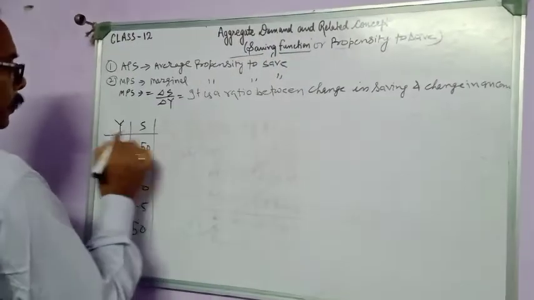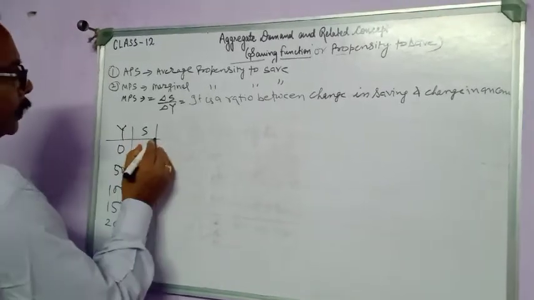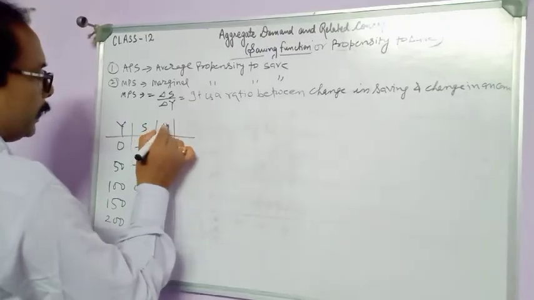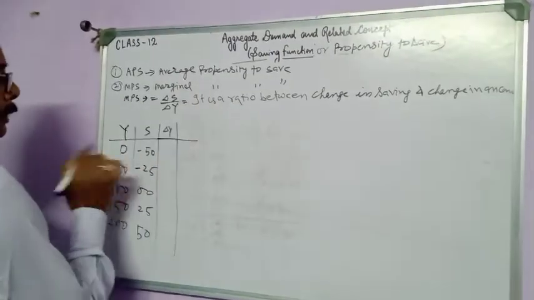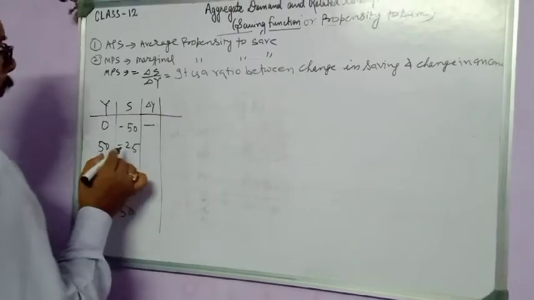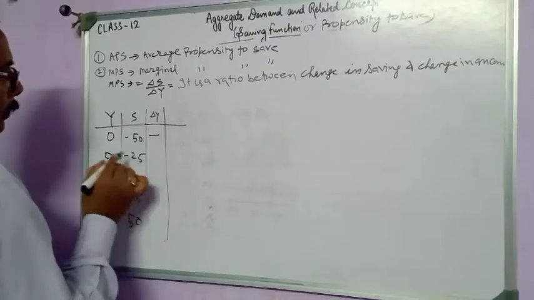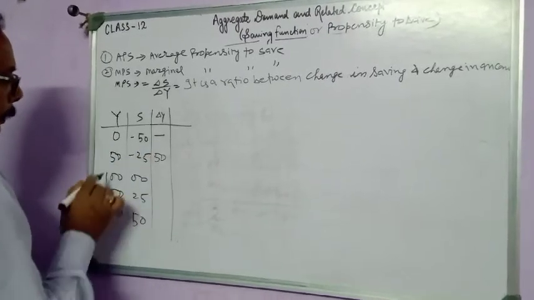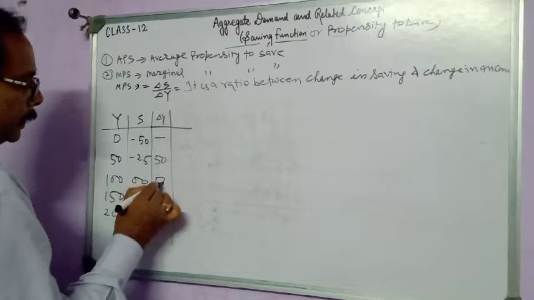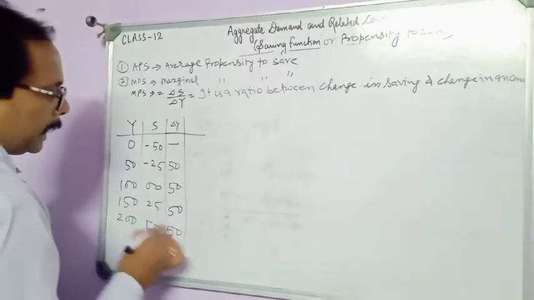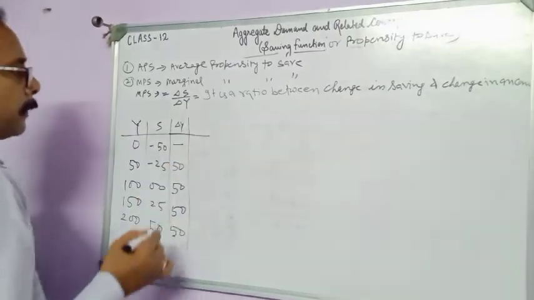Okay, so income is given, saving is also given. Now we can easily calculate the change in income. Here there is no change because it starts from 0, so that's why it is blank. Now 0 to 50, it means it has changed by 50, 50 to 100, again it has changed by 50. So here the income is increasing at a constant rate, that is 50-50.